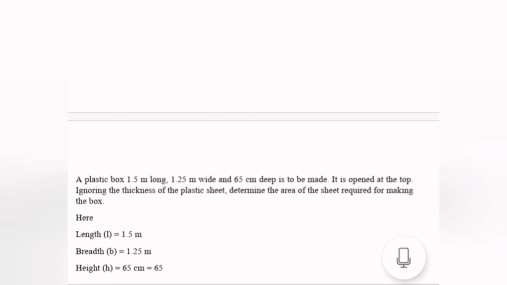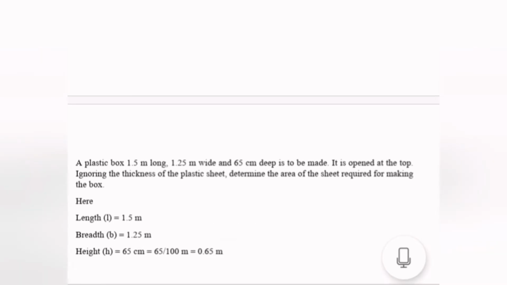So 65 divided by 100, we are getting 0.65 meter. Now we have to find out the lateral surface area and the base area.